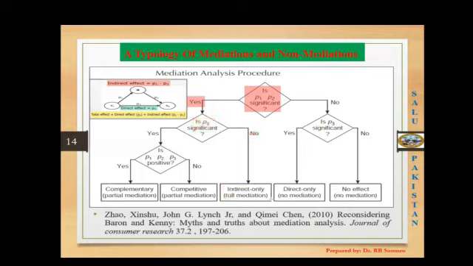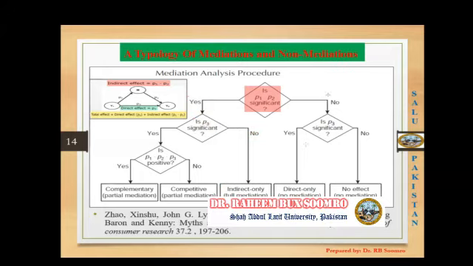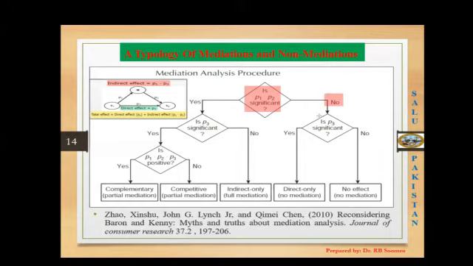And when P1 and P2 are not significant, then is P3 significant? Is the direct effect significant? If the direct effect is not significant, then no mediation is possible, simply no mediation. And if yes, then direct-only, but no mediation. So these are some of the criteria which we should keep in mind.